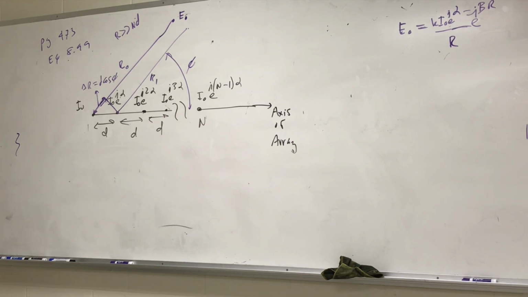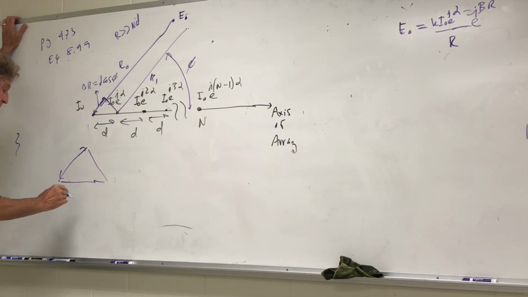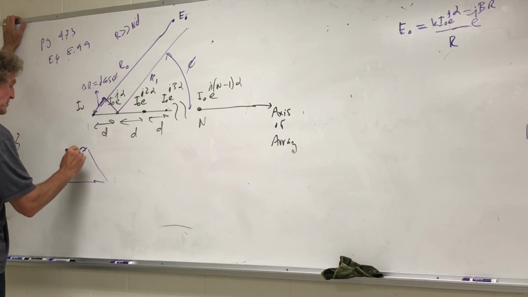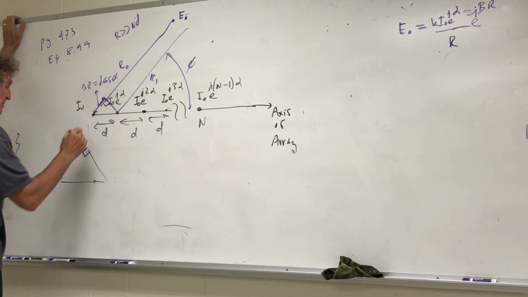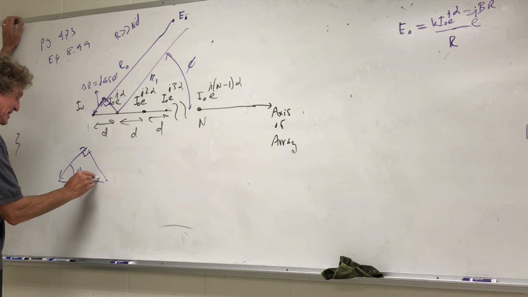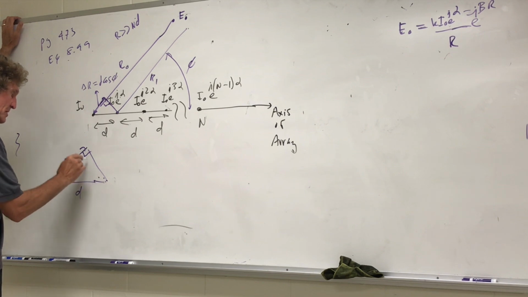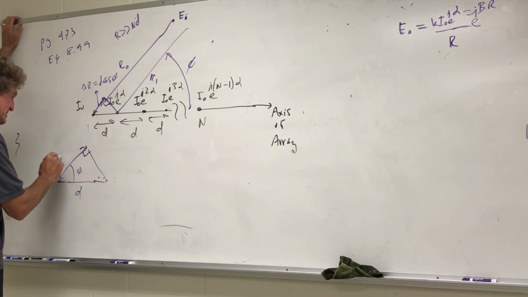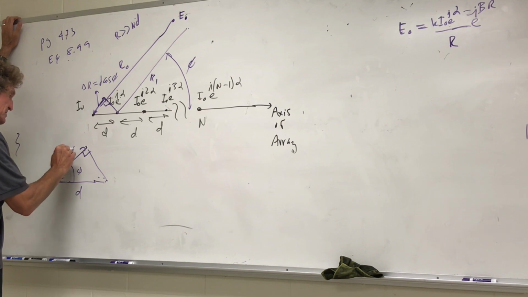If I blow that up, sometimes you can't see it. But if you think about this as a right triangle, this is D, and this is phi. This is the hypotenuse right here, and I want the projection of the hypotenuse on this axis, so this would be D cosine of phi.